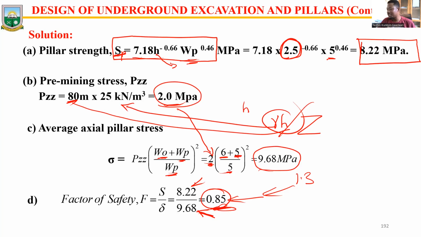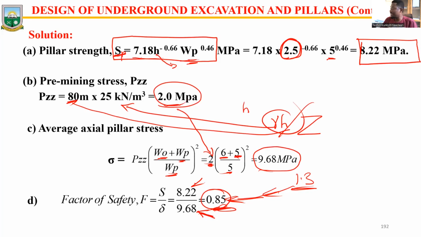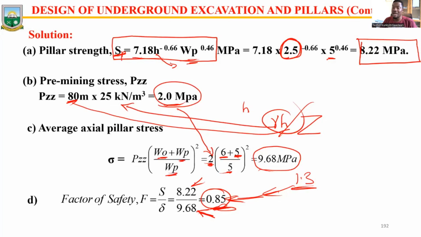Our factor of safety is not guaranteed per the calculations we've done and the theories we are using. We expect a minimum of 1.3 and we have gotten 0.85. It means we couldn't even meet the minimum. Should we stop mining? Or what modifications do you think we could put in place to help us mine if we are not giving up?